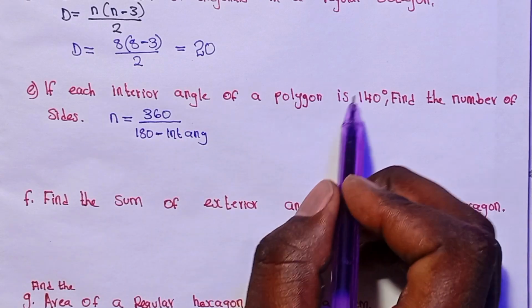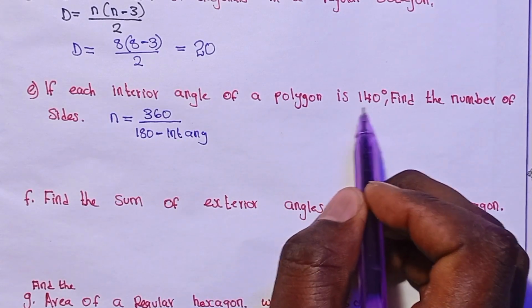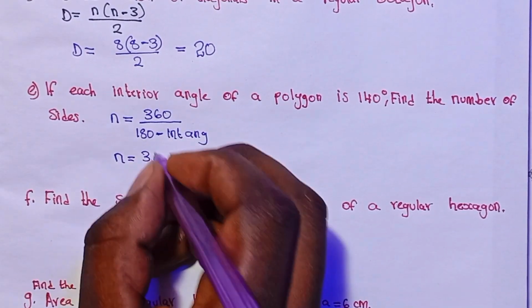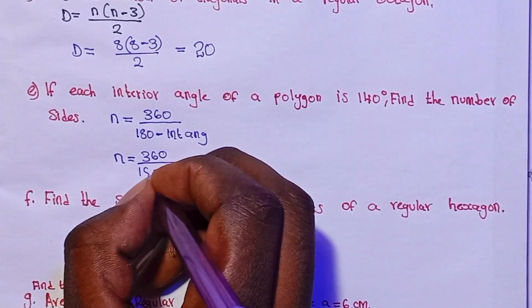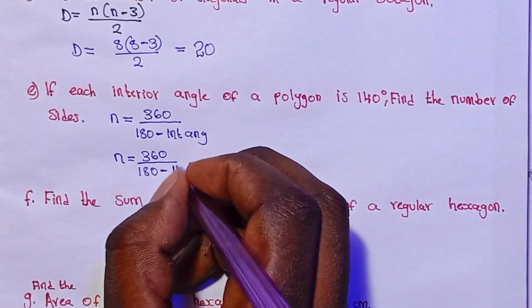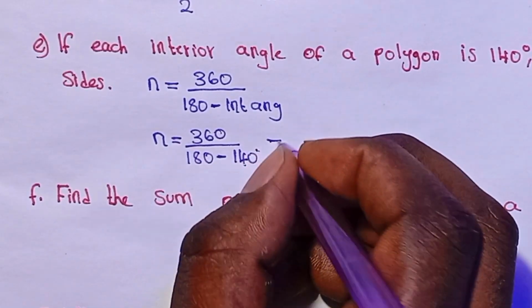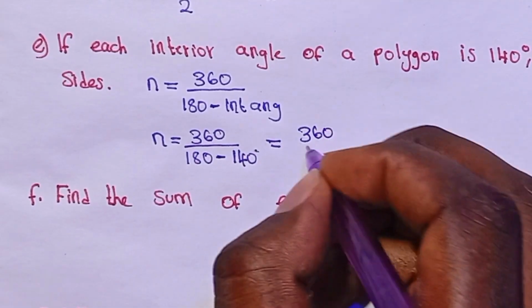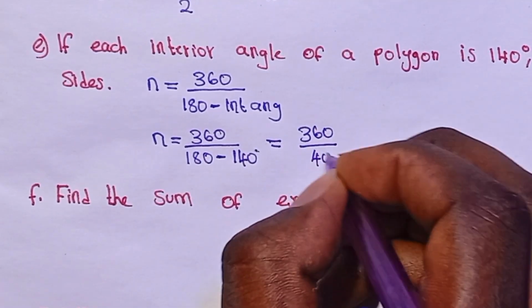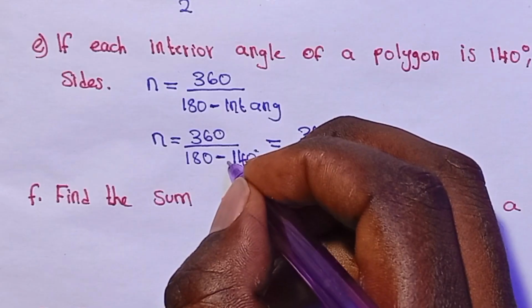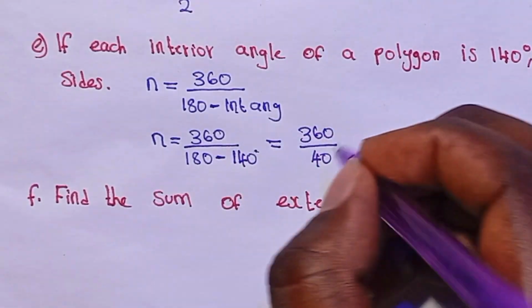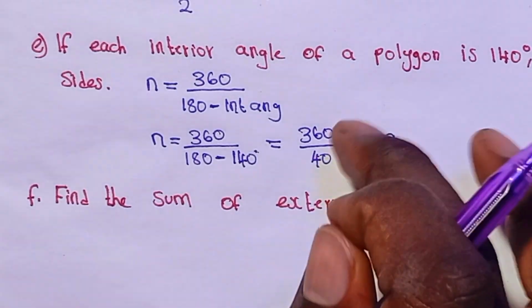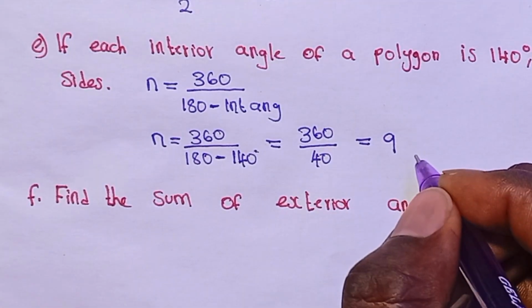In our case, the interior angle is 140 degrees. So we write n as 360 divided by 180 minus 140 degrees. This gives us 360 divided by 40, because 180 minus 140 is 40. So this is 9. So this gives us 9 sides.